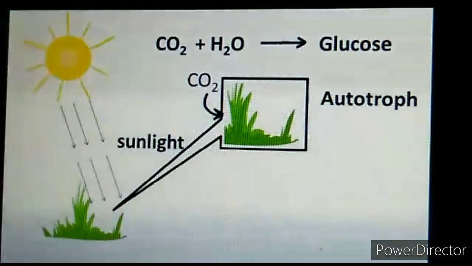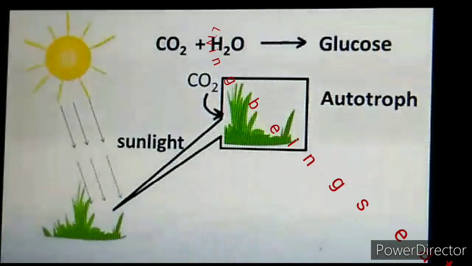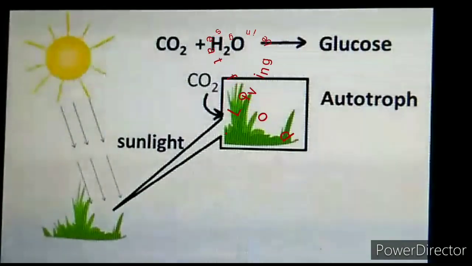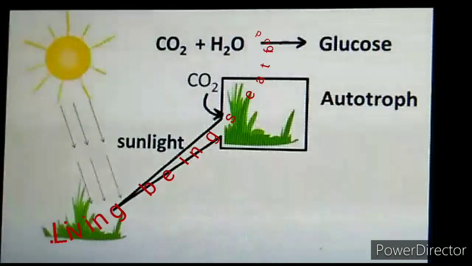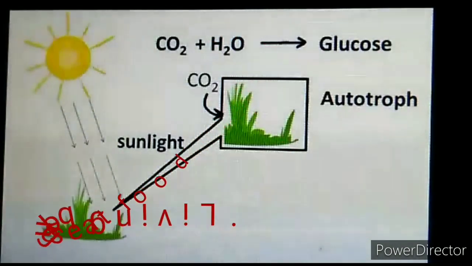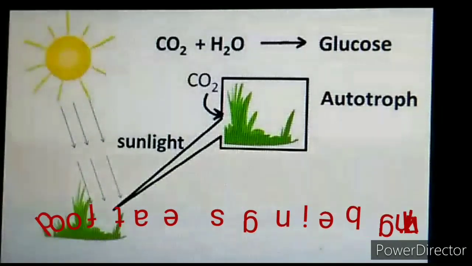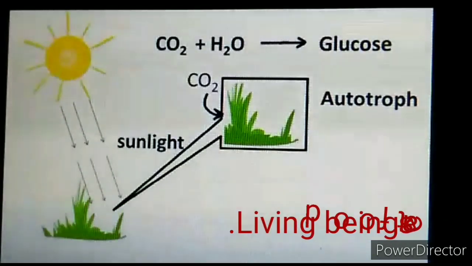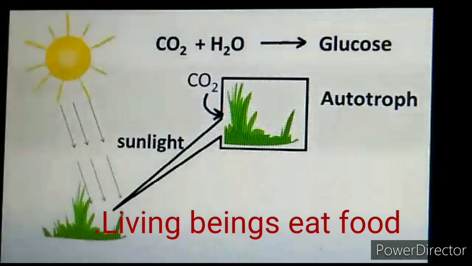The green plants, as we know, make their own food during the photosynthesis process, and hence they are called autotrophs. Autotroph means: auto means self, and the Greek word troph means nourishment or food. Hence green trees are autotrophs, meaning they can make their own food.